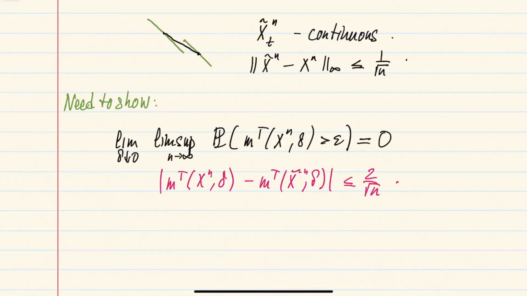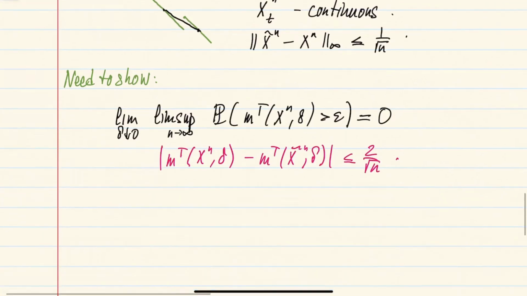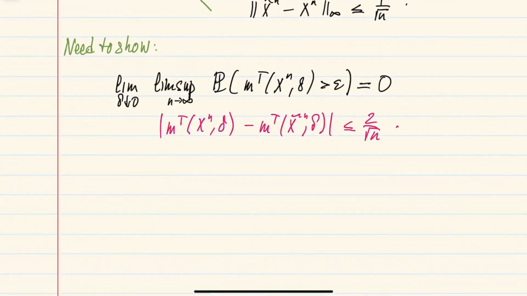Also, when we apply this theorem that you have convergence of the processes on the space of continuous functions, it implies that if you apply to your process any continuous function on the space of continuous functions, you will also have the corresponding convergence of distributions.